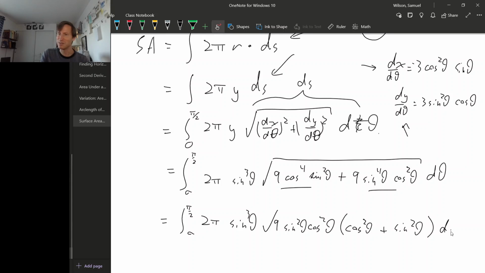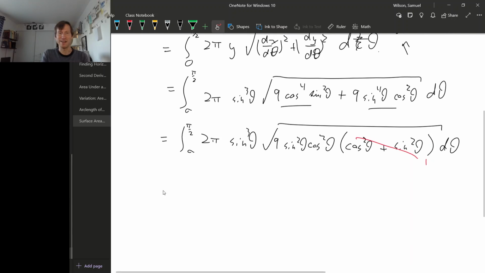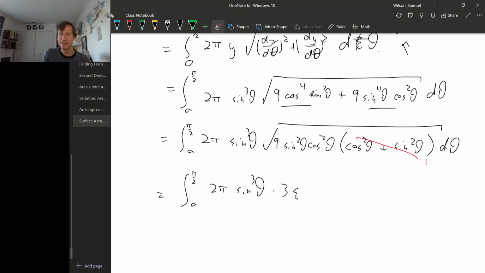Oh, and that's good because sine squared plus cosine squared is 1, so all this stuff in parentheses is just 1. All right, so now we have integral from 0 to pi over 2 of 2 pi times sine cubed theta. And actually, everything inside this square root is a perfect square, so now we can take the square root. We get 3 sine theta cosine theta d theta.